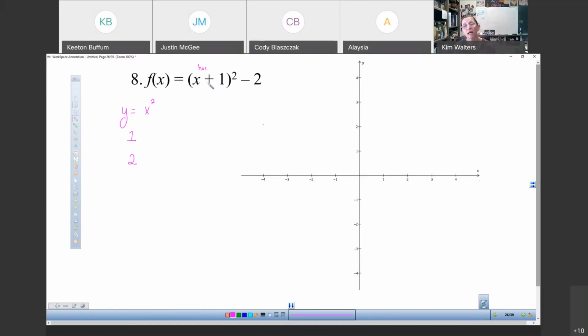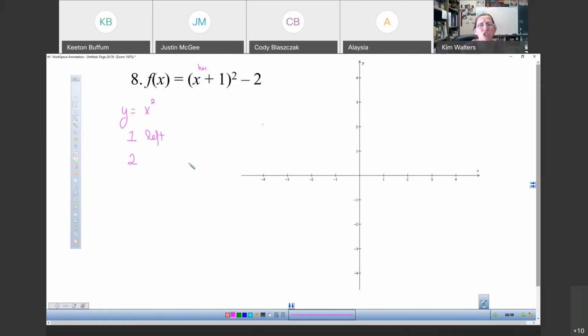So it looks like it should be that +1, but in reality, if you take x + 1 and set it equal to 0, you get x equal to -1. So this is going to be 1 unit shifted to the left. Think back to the circles, we had to change the sign to figure out where the center was.